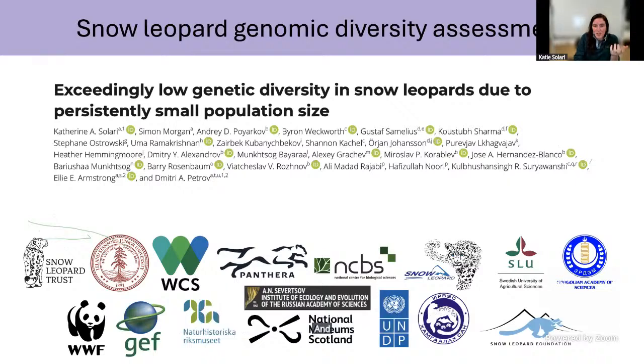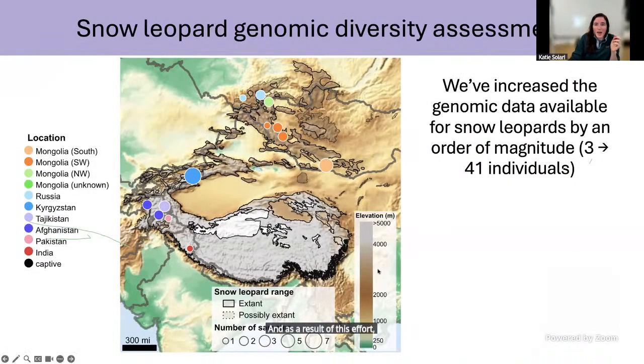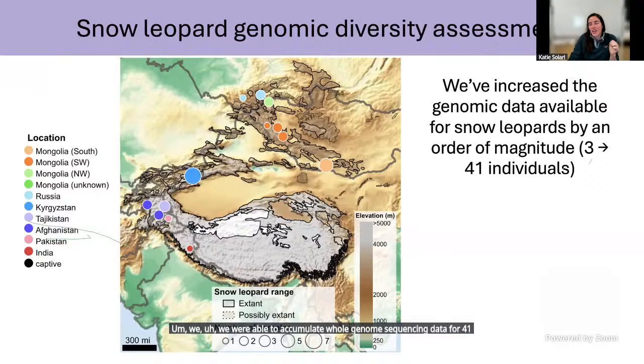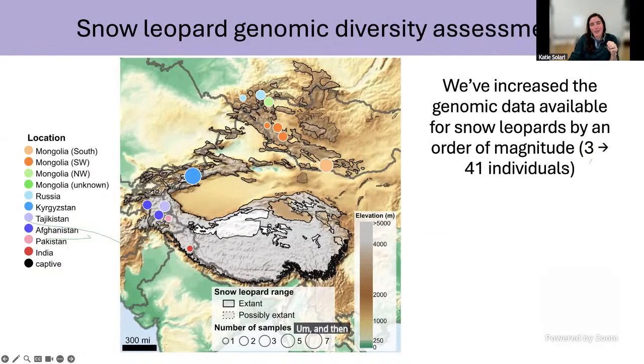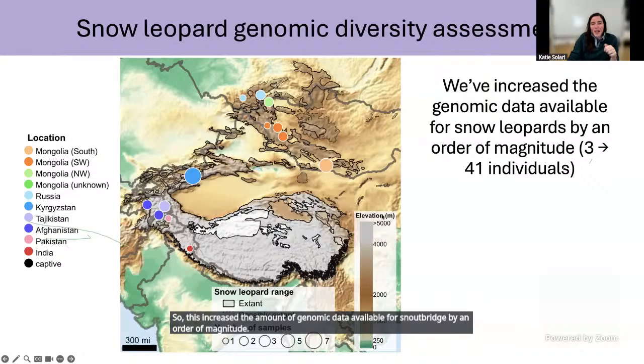And as a result of this effort, we were able to accumulate whole genome sequencing data for 41 snow leopards. So this included 35 wild individuals from 7 different countries, which are highlighted here on the map, and then 6 captive individuals. So this increased the amount of genomic data available for snow leopards by an order of magnitude.